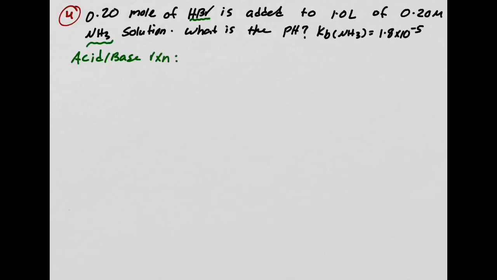Now this is mixing things together. This is a mixing problem. I have acid added to base, so what I have is an acid-base reaction. And if you remember, we said every time that you have an acid-base reaction, that reaction is not equilibrium. Single arrow. When you have an acid-base reaction, you have to care about moles.